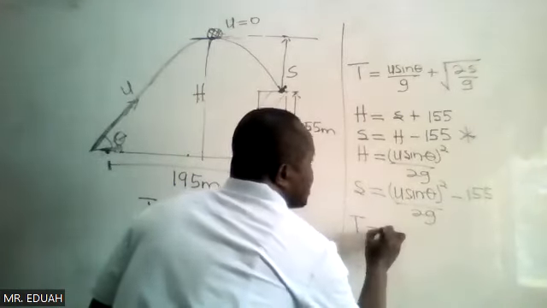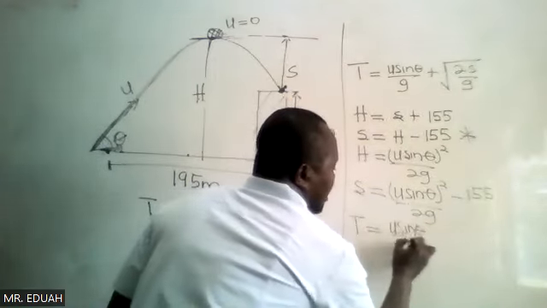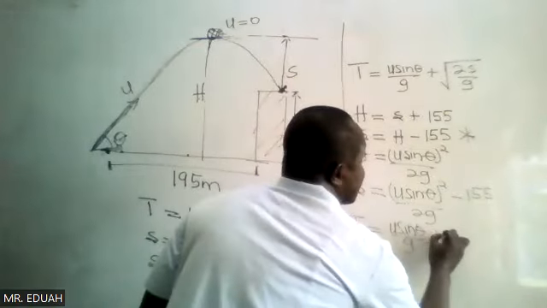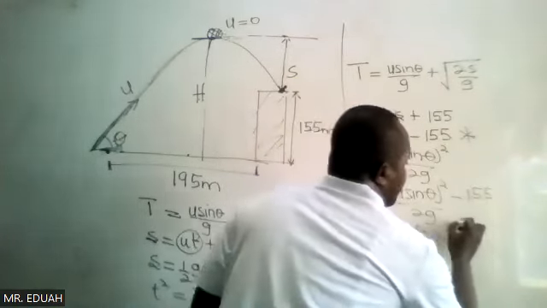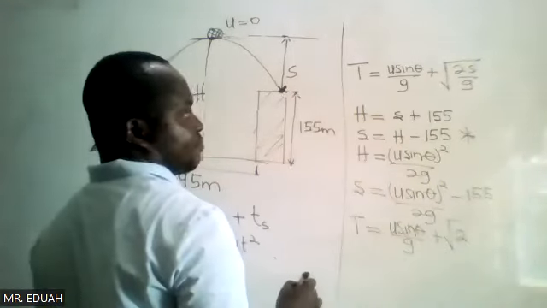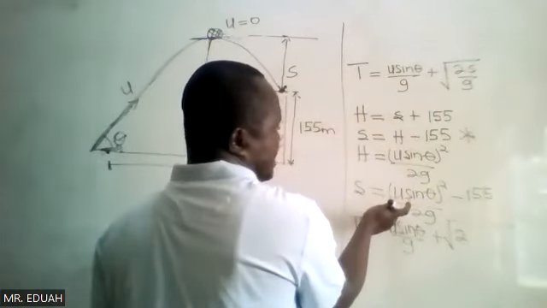T therefore is equal to U sine theta over g plus square root of 2 times S. And what is S? S is the whole of this.